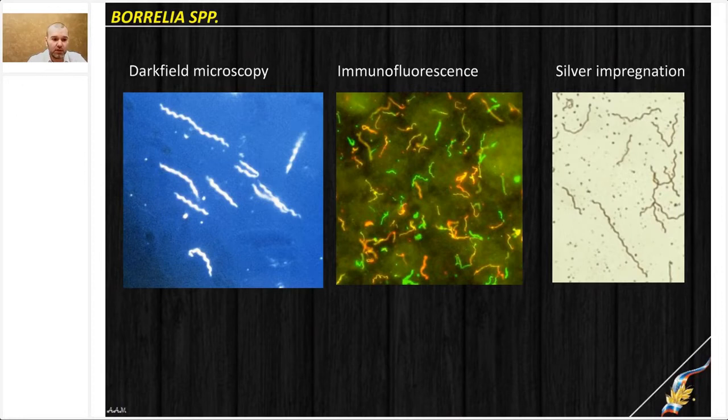And the most detailed, the most precise method is immunofluorescence. Here in the center of the slide, you can see the picture, even different stains are used, and you can see bacteria of different colors, green, orange, and yellow.